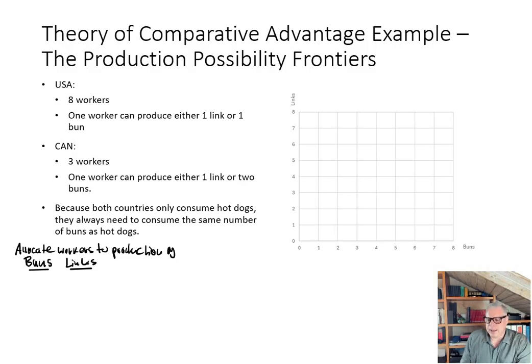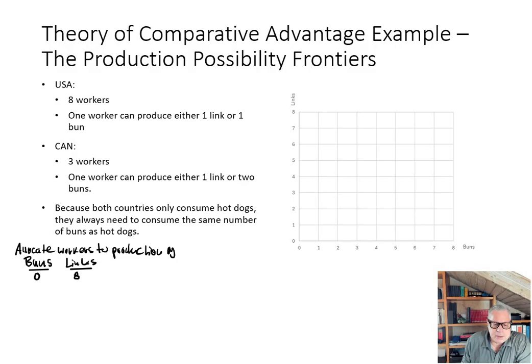Okay, so how can I allocate 8 workers towards the production of buns and links? Well, I can have no workers produce buns, but then I have 8 workers that obviously work on links, and we always assume full employment. So we always have to allocate our 8 workers to either the production of buns or the production of links.